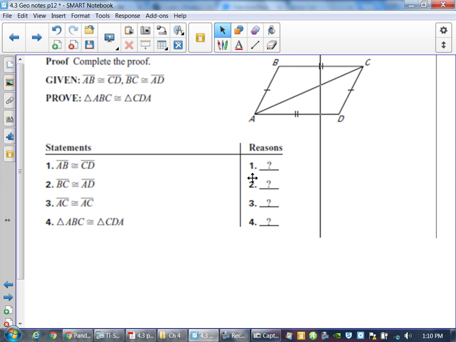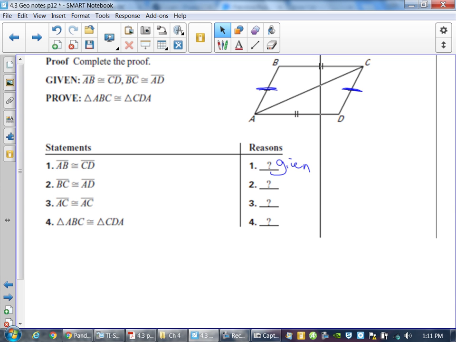you are given AB is congruent to CD. So I'm going to mark the diagram. Why do you think you wrote down AB is congruent to CD? Because it was given. Don't ever write anything down here until you've marked your diagram first.